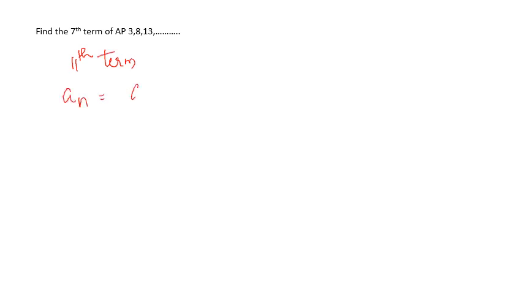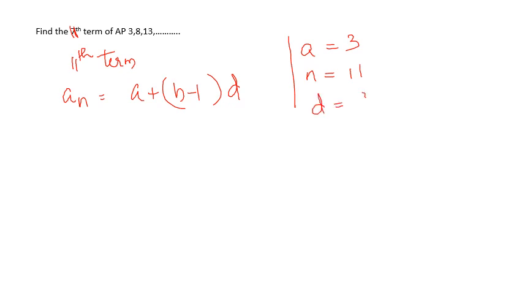An equal to a plus n minus 1 into d. We have a is equal to first term is 3. What is n equal to how much? 11. Not 7th term. I'm asking you now to find the 11th term. N equal to 11. Common difference is equal to 8 minus 3 equal to 5.